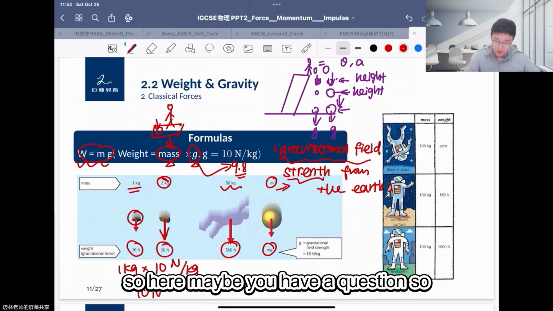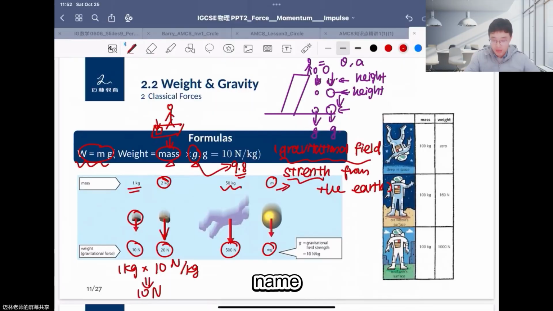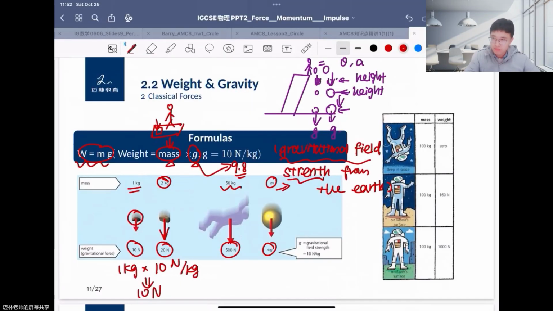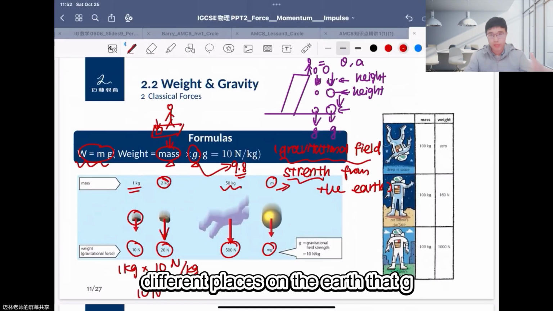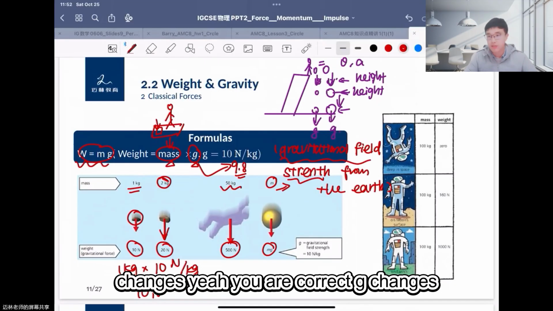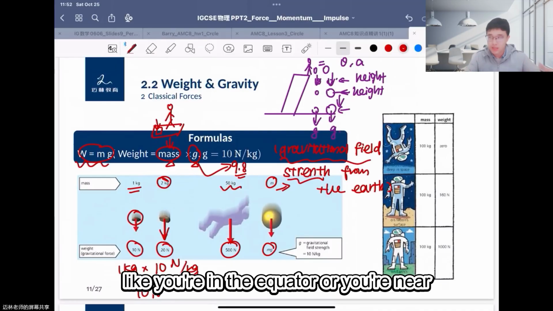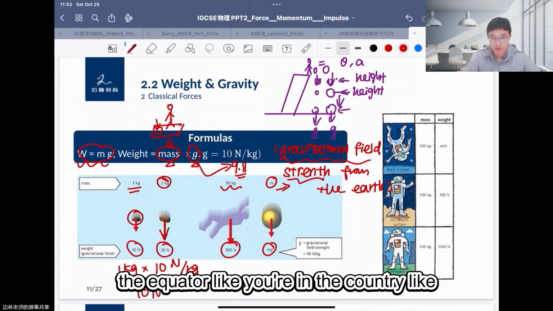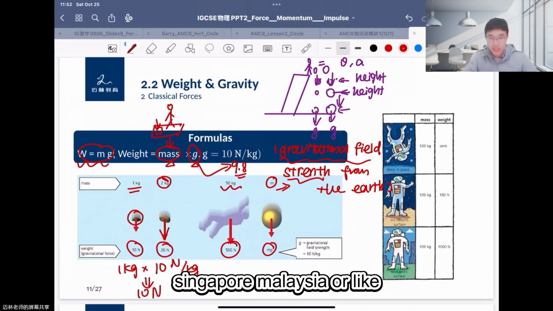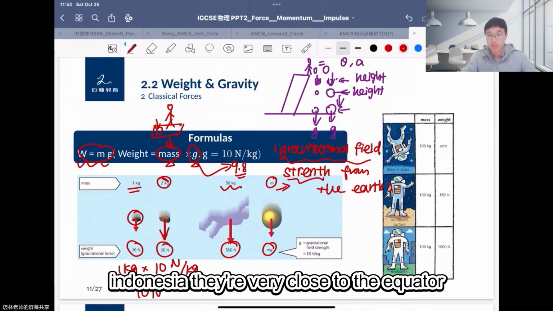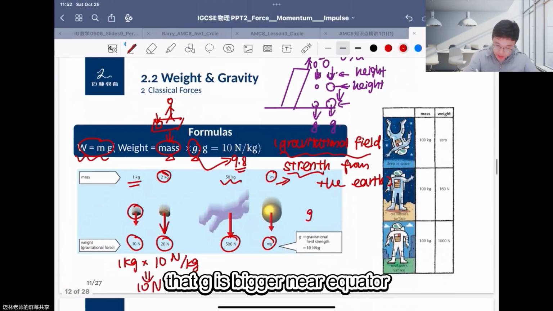Here, maybe you have a question: is g a constant number or not? Some people tell me that g changes in different places on the Earth. Yes, you are correct. g changes in different positions. Near the equator, in countries like Singapore, Malaysia, Indonesia, or in Africa, g is bigger.